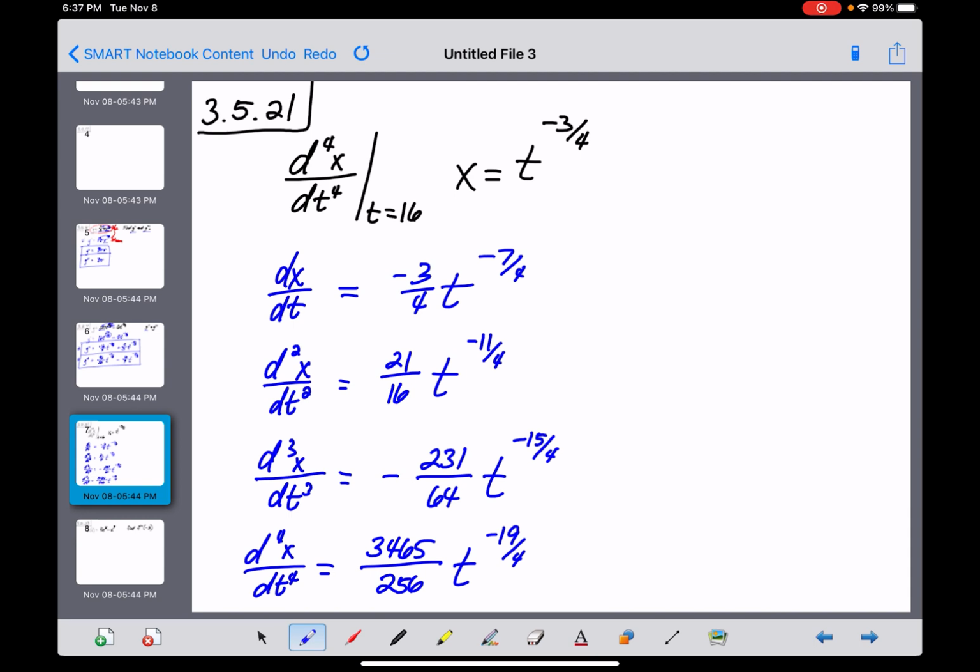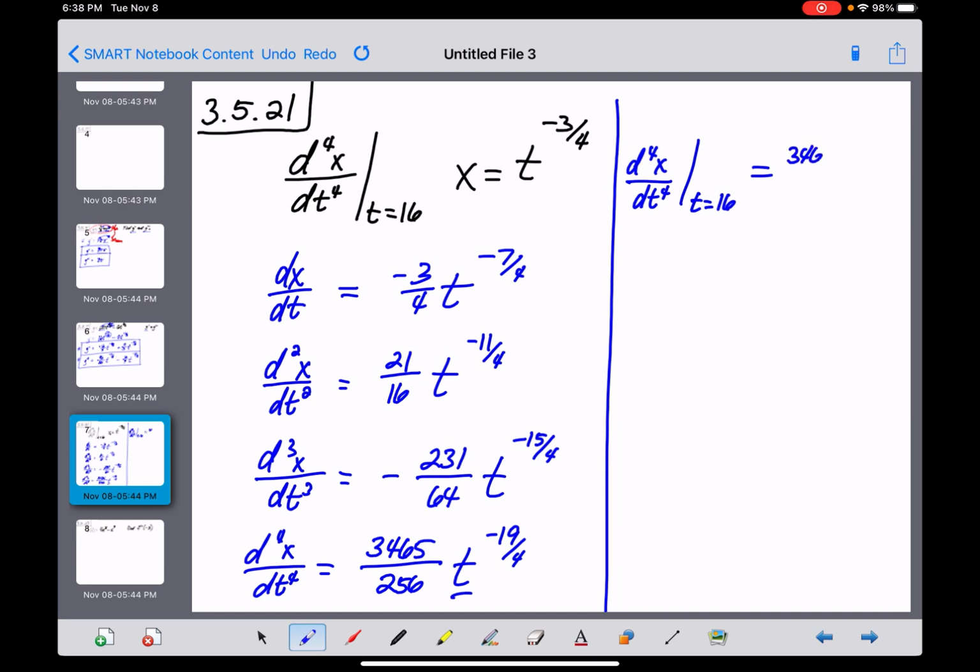Wow, so that is just the fourth derivative. And now, let me draw a little line over here, trying to give them what they're asking for. We want our fourth derivative now, so d4x over dt4 evaluated at t equals 16. So plugging a 16 in for t, that is 3465 over 256, and then we're putting a 16 in right here, man, to the negative 19/4 power.